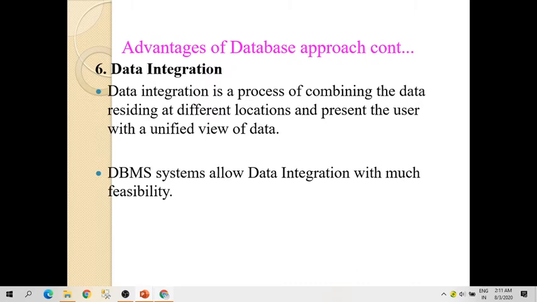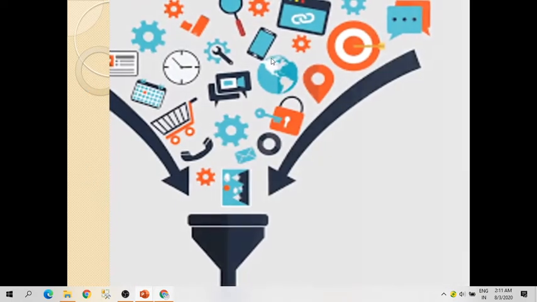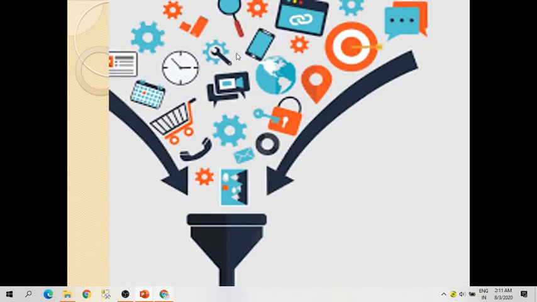The next advantage is integration. Data integration is a process of combining the data residing at different locations and presenting the user with a unified view of data. So this is allowed in a DBMS system with much feasibility. Look at the systems in different locations, and from different areas in different mediums, the information is being gathered and filtered.